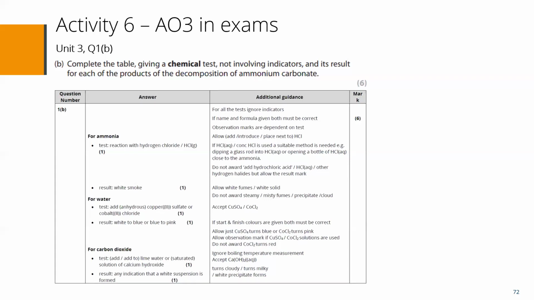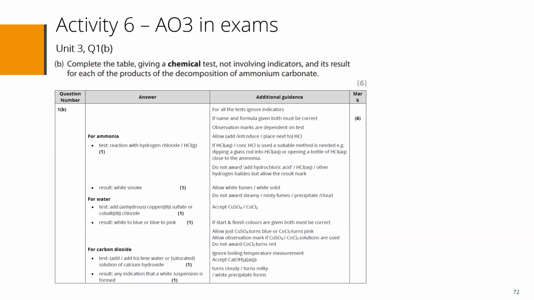There is lots of additional guidance over there, which you can read through in a moment, because the mark scheme will be up on the slide. The result is white smoke, and you can see that they allow white fumes and white solid, but don't award steamy or misty fumes or precipitate or cloud.